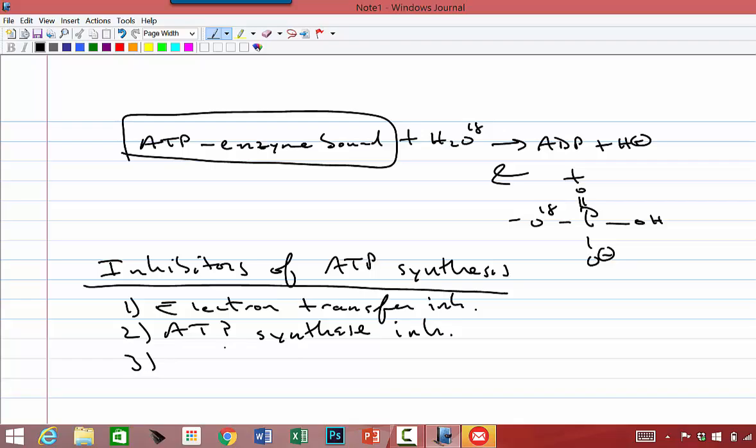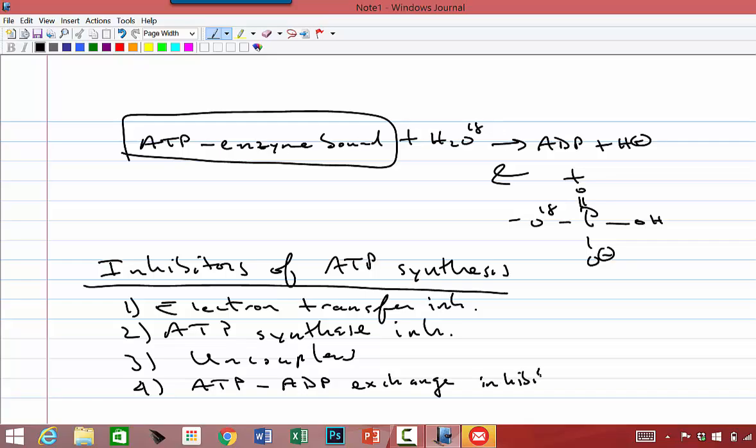A third one called uncouplers. And a fourth one is ATP-ADP exchange inhibitors. So these are the 4 classes of ATP synthesis inhibitors.